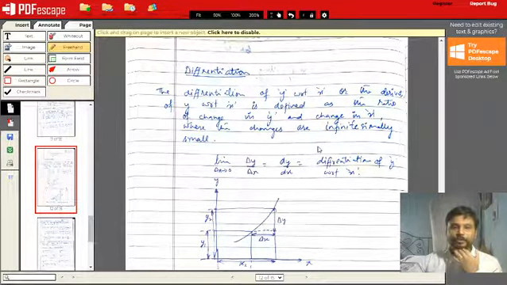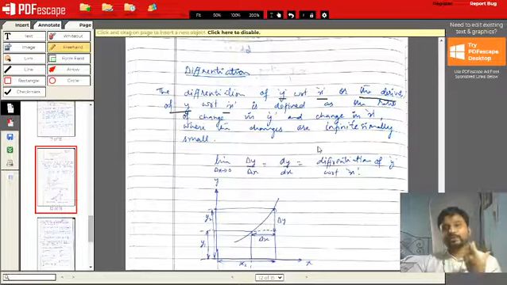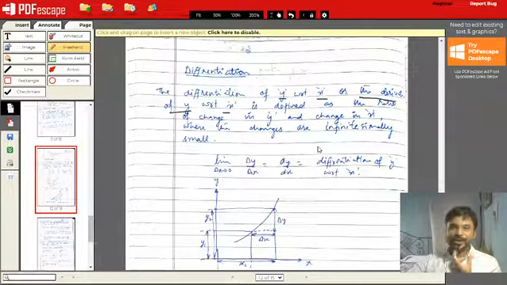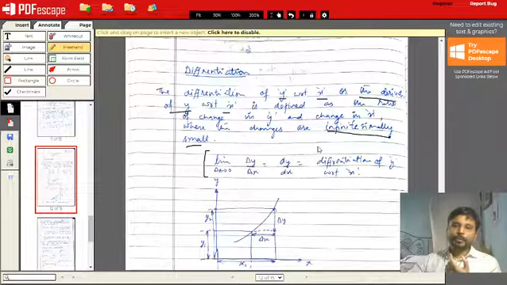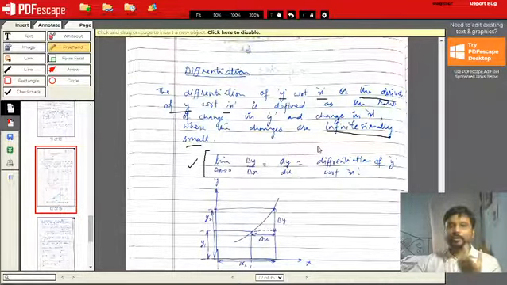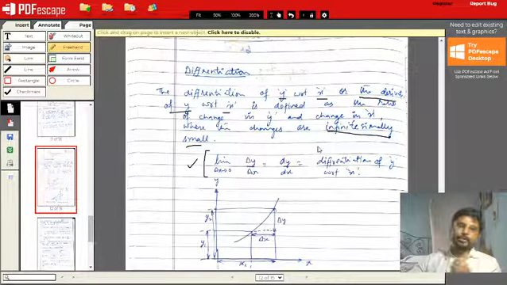The differentiation of some quantity y with respect to x, which is also called the derivative of y with respect to x, is defined as the ratio of change in y and change in x when the changes themselves are infinitesimally small. So this is what we are going to obtain, how this limit delta x becomes differentiation, and why this is differentiation.